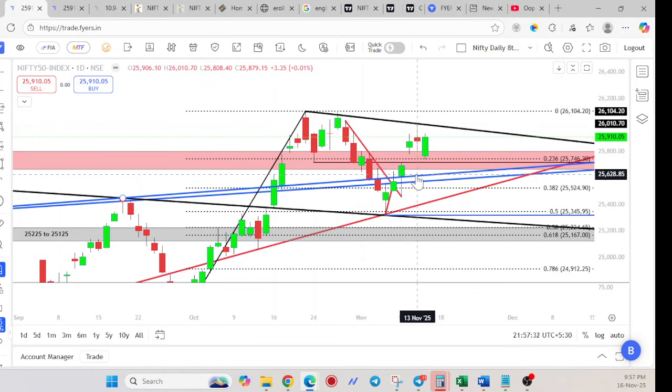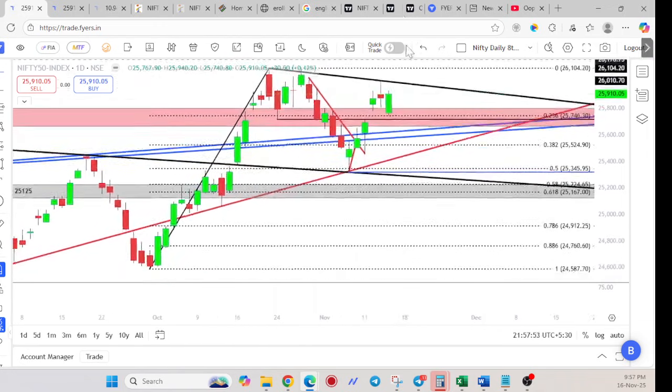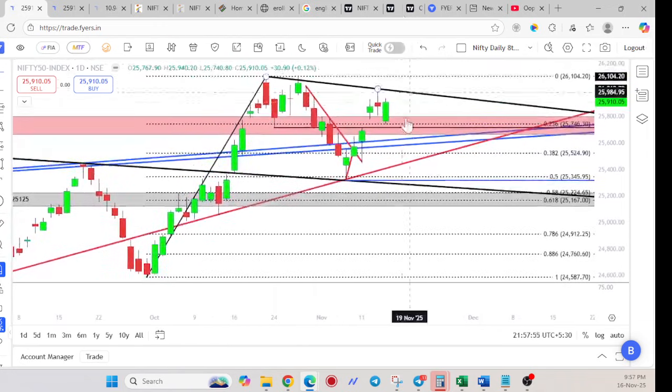So in simple terms, we have to wait for a close above 26,105 to even think about ATH. A word of caution, because if we don't close above that, we may see a big fall. I'll tell you why. So what are the critical numbers now on the daily chart, right?